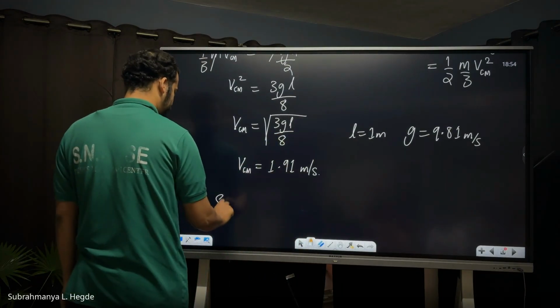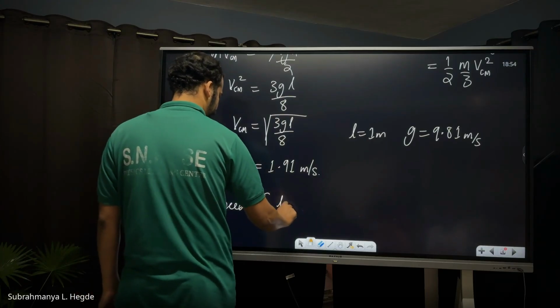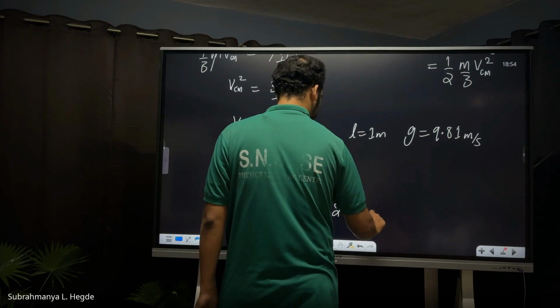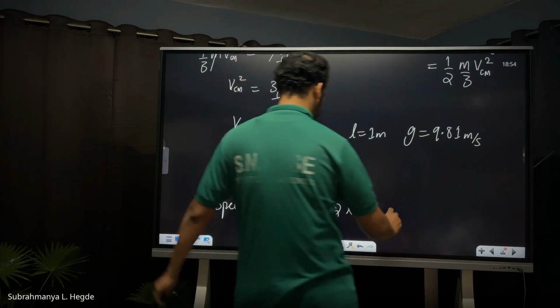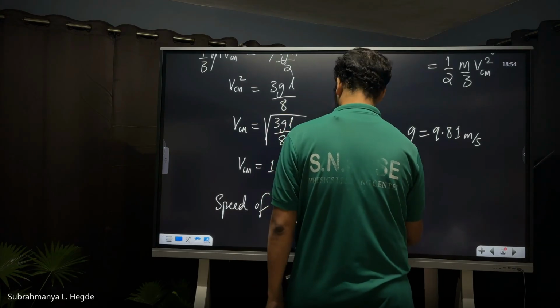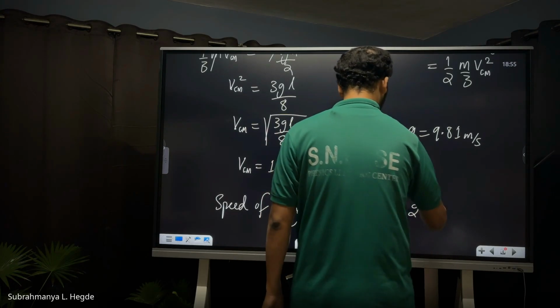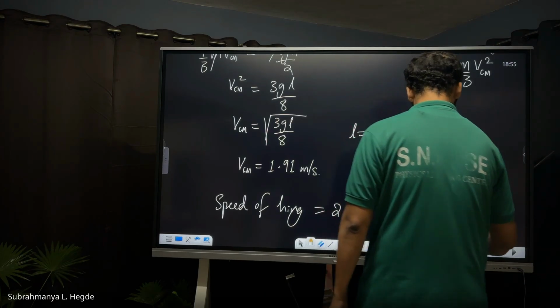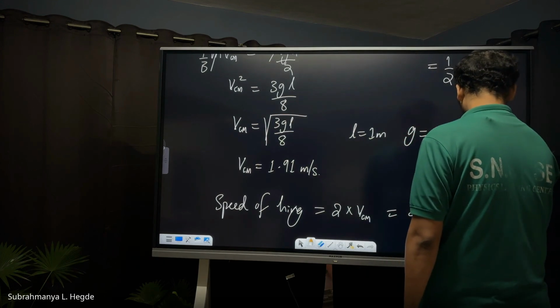That's equal to double the speed of the center of mass. So you just write that: 2 into root of 3gL by 8. I've explained it.